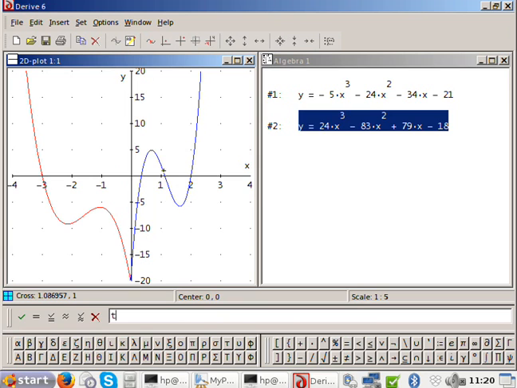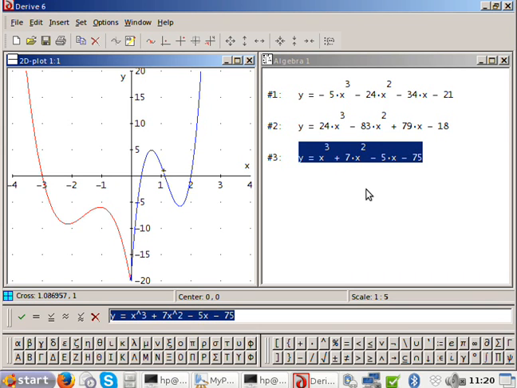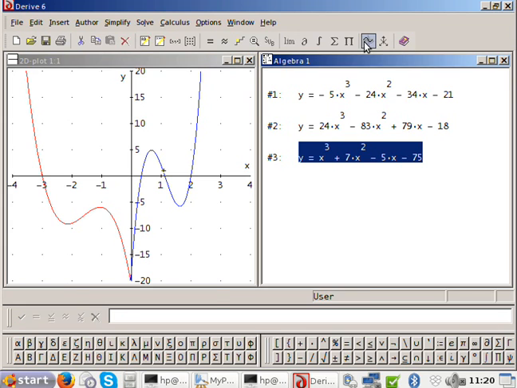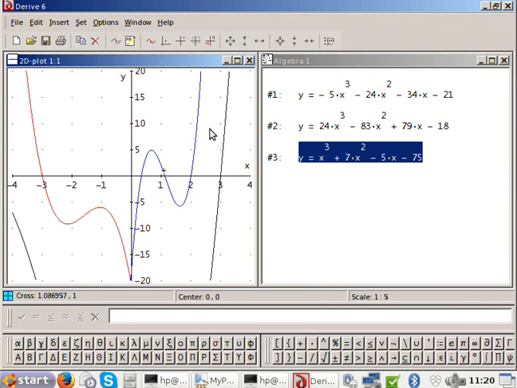Okay, now time for X. Y equals x cubed plus 7x squared minus 5x minus 75. So this is X on your homework. Can you see that there in black?